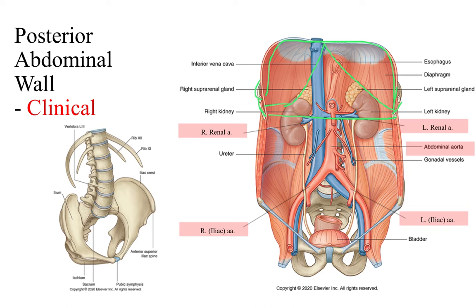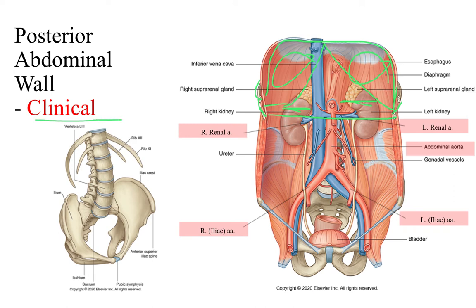And so you see that your kidneys are partially protected by your ribs, as well as any organs that would be up in this region, such as liver, stomach, and so on. So something to keep in mind.